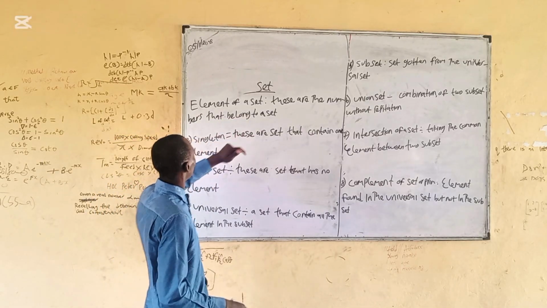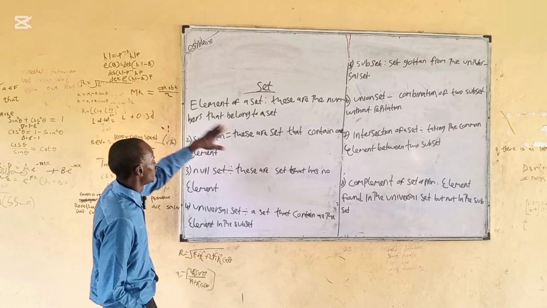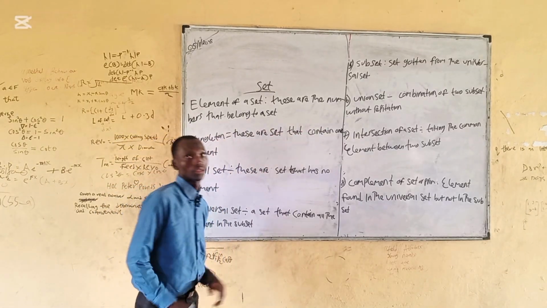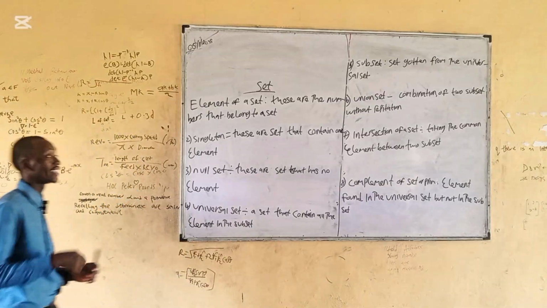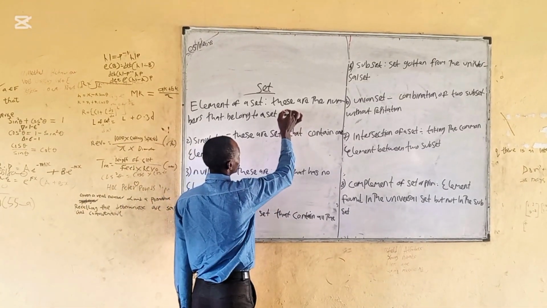Element of a set. Now, this is also a part of it. See, these are the numbers that belong to a set. They are the numbers that belong to the set. What are those numbers? Now, a set.